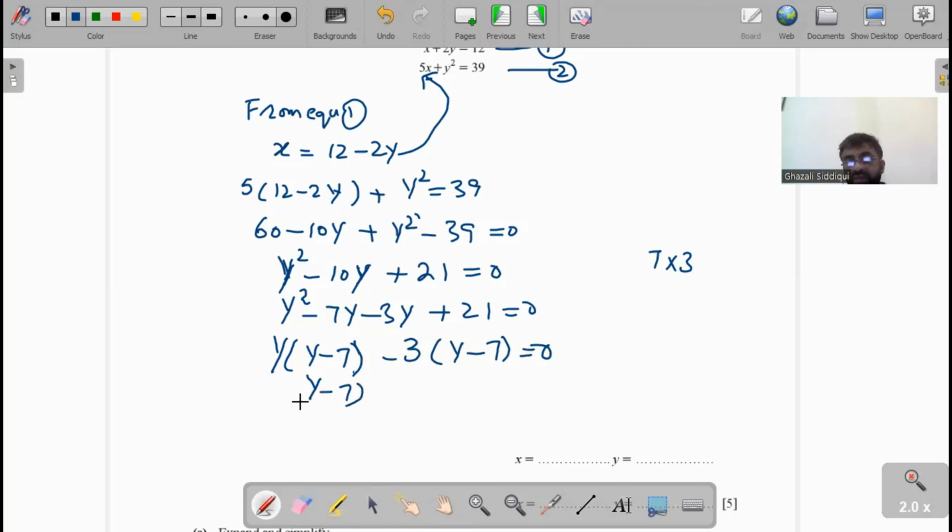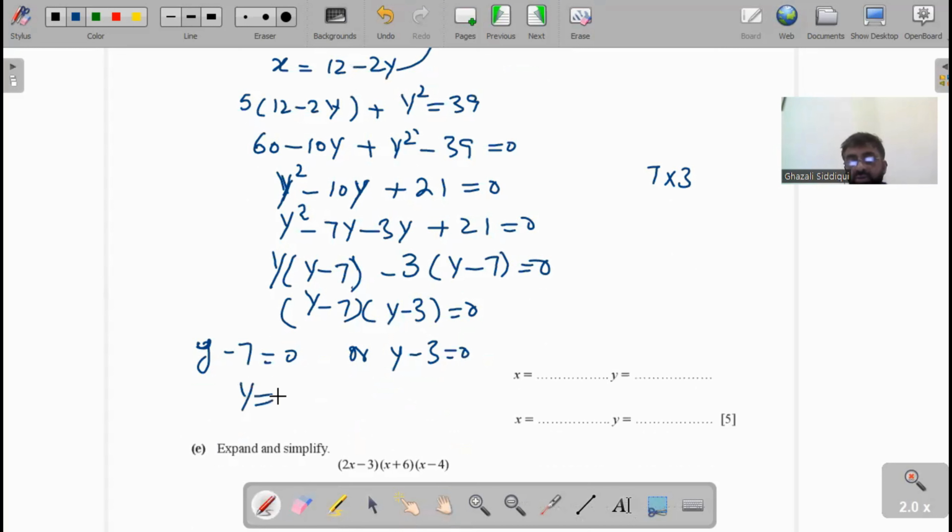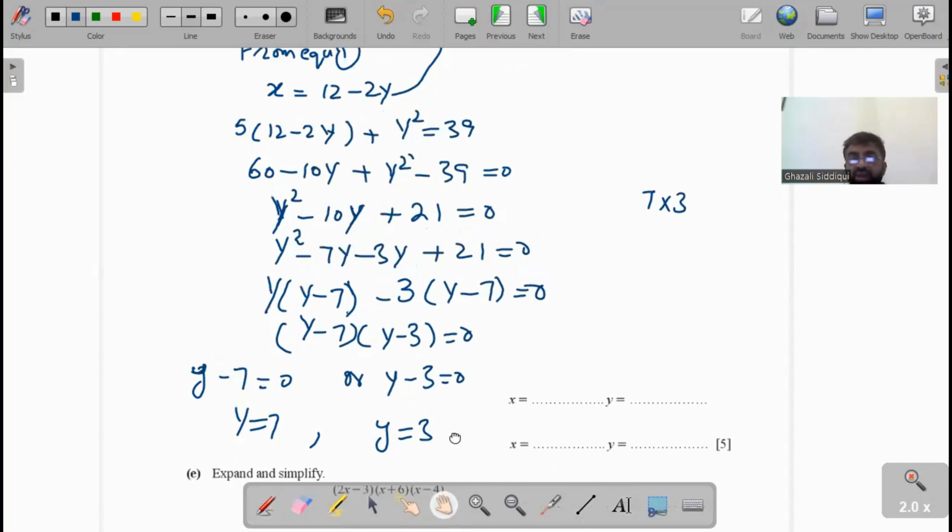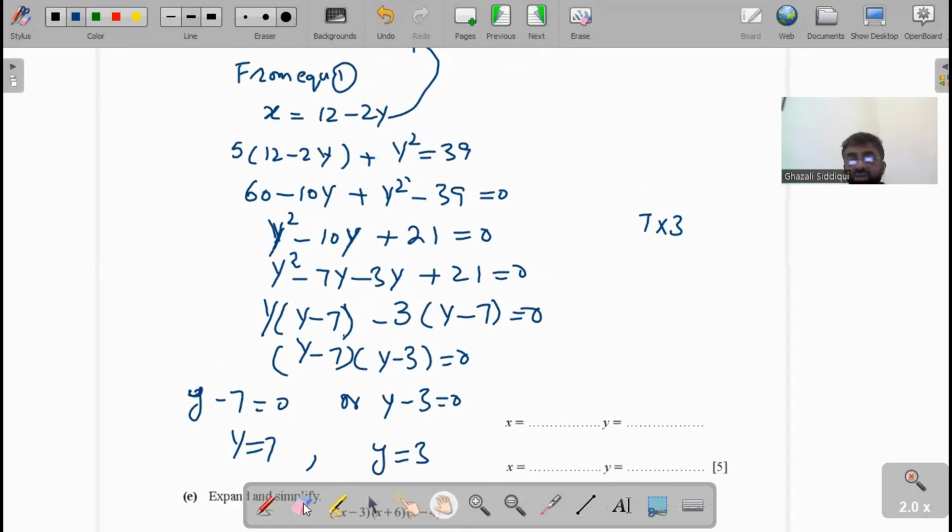The y minus 7 into y minus 3 equal to 0. Therefore, either y minus 7 equal to 0 or y minus 3 equal to 0, we get y equal to 7 and y equal to 3. This is the answer. And we put this value to find x.